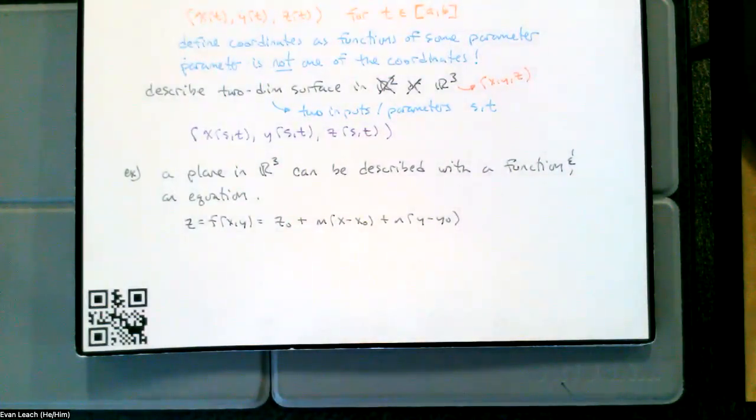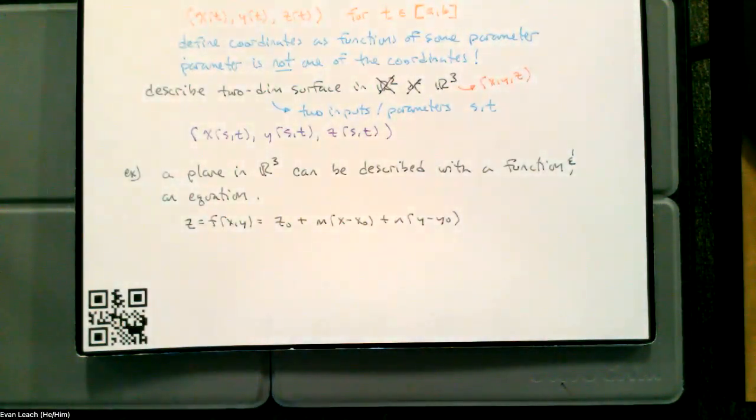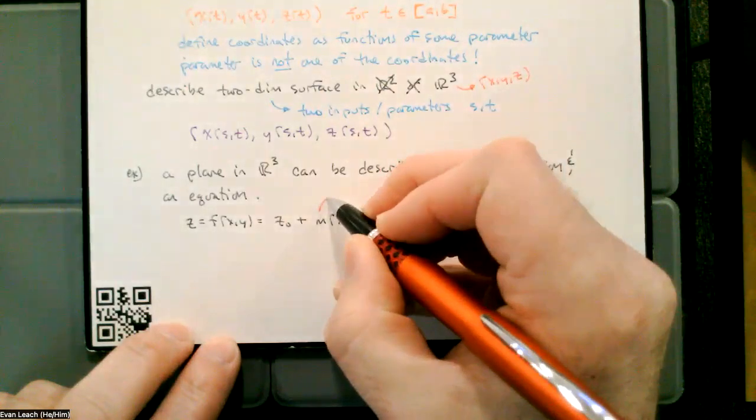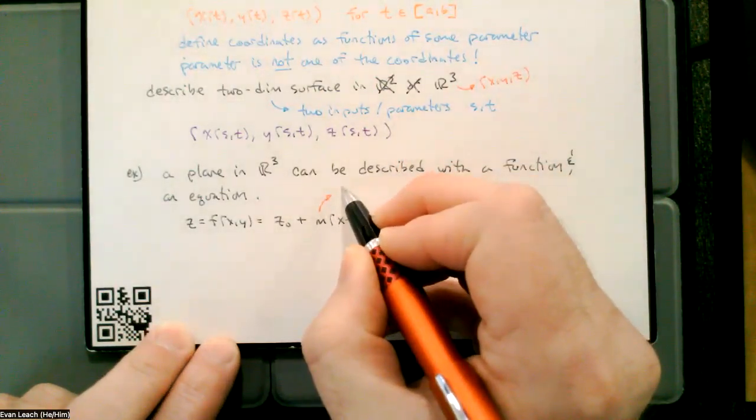This is a plane that goes through the point x naught, y naught, and z naught. dz/dx is m, and dz/dy is n. We ended up with two slopes.